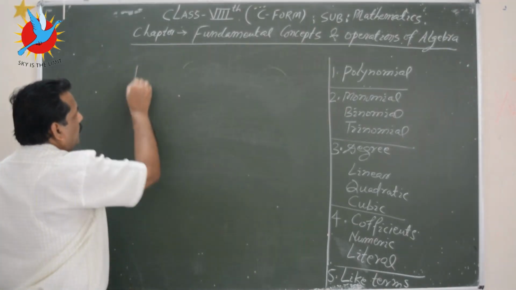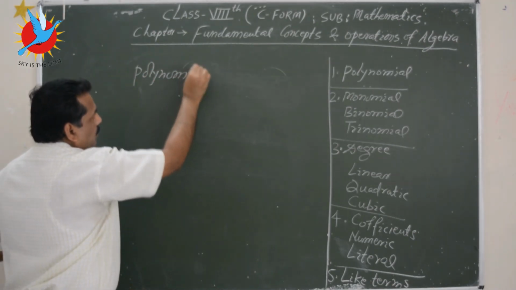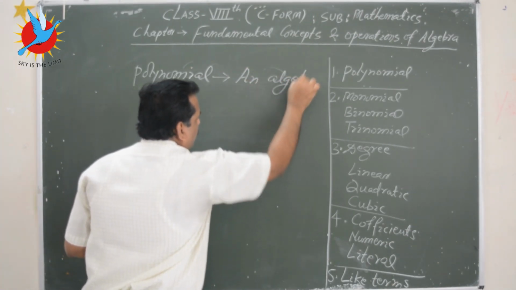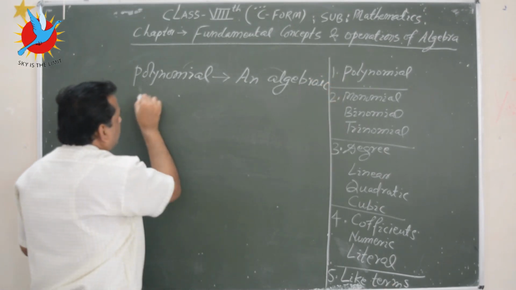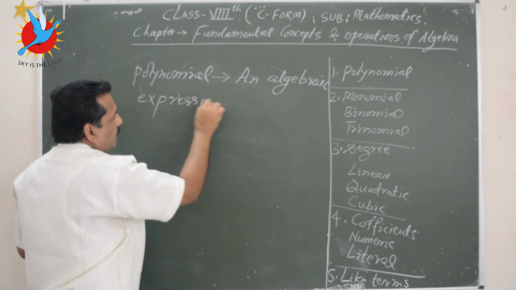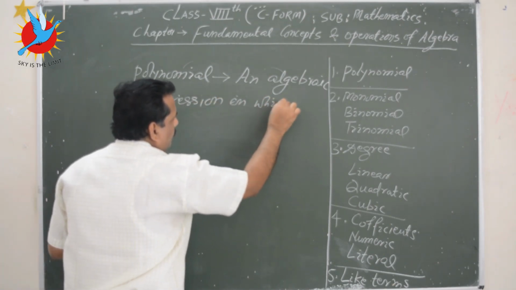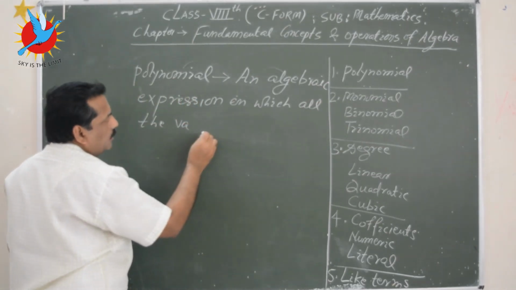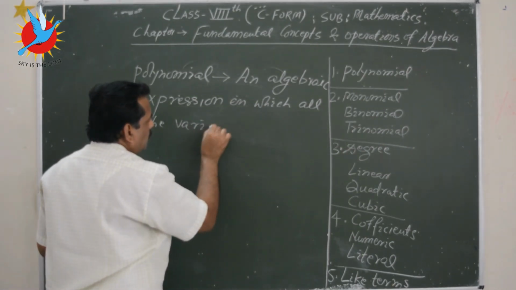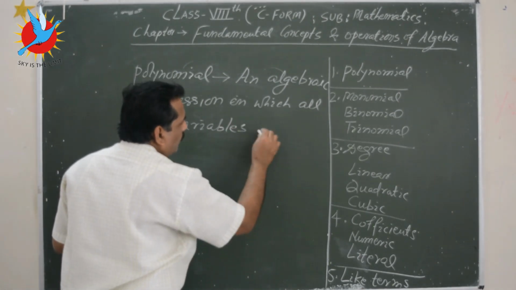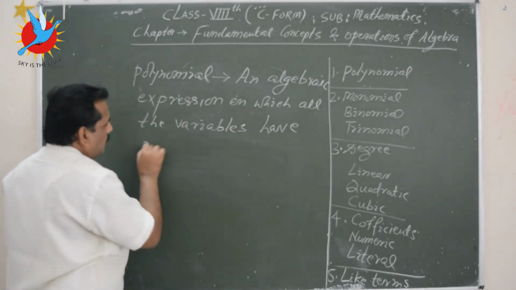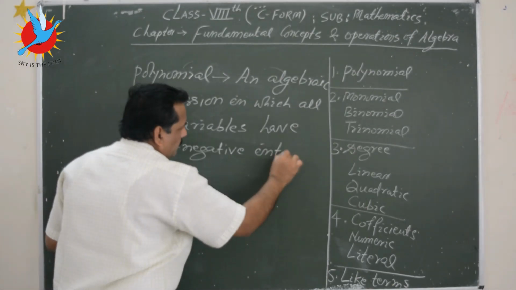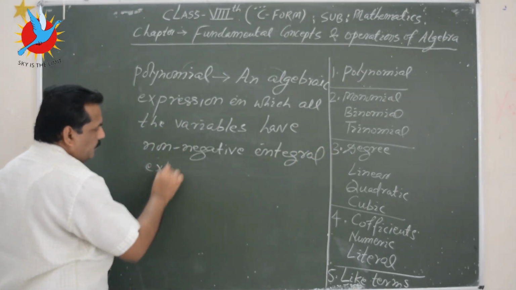A polynomial is an algebraic expression in which all the variables have non-negative integral exponents.